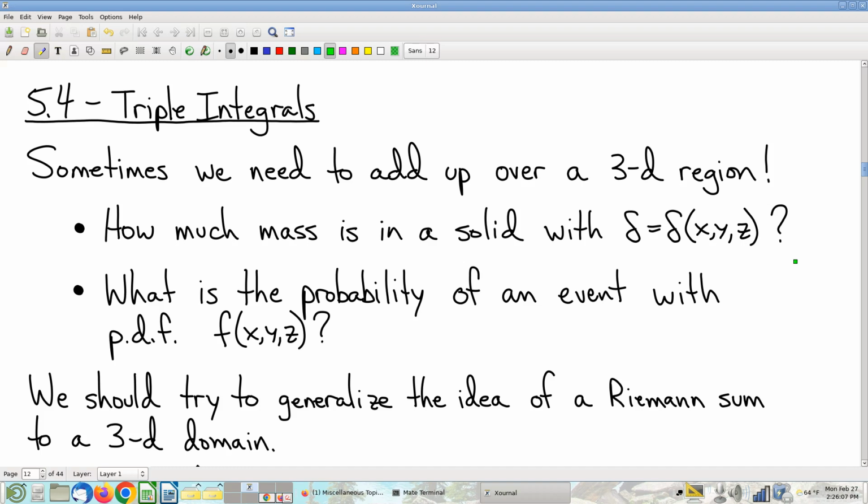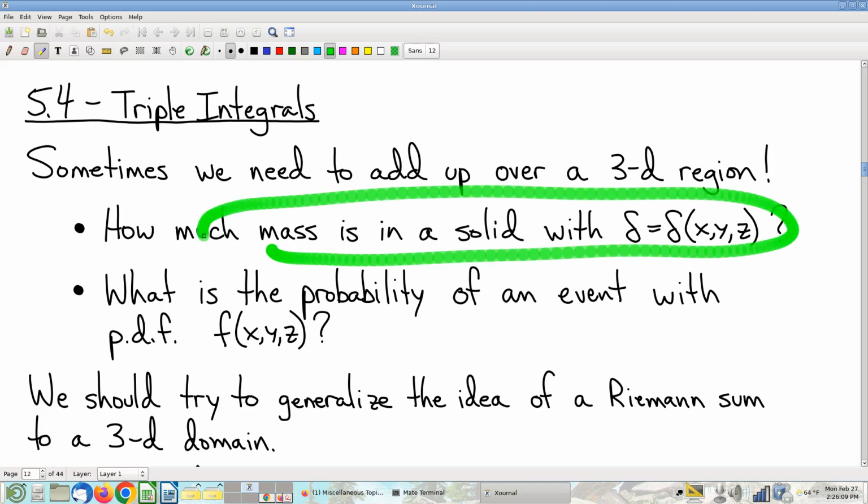And the thing is, sometimes mass is distributed across a solid. Not a one-dimensional interval, not a two-dimensional region, but sometimes a solid three-dimensional region. In fact, not only is this sometimes the case, one could argue this is even more often the case. We live in a three-dimensional world. Stuff tends to be three-dimensional.